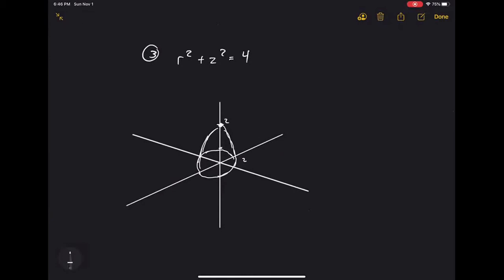What about after this? r squared, at z equals negative 1, it's going to be the same thing. Then at z equals negative 2, again, radius will be 0. So it looks like it's kind of this vertical football shape. Okay, that's my thinking on this.